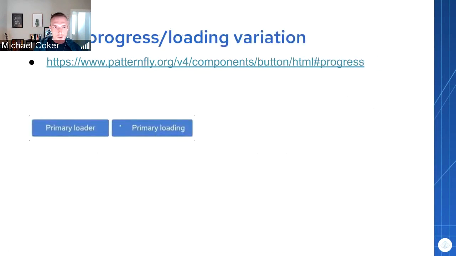And then this one's pretty great. So the button component, we now have a progress or loading variation. And basically what it does is, to keep the button from shifting in size when the loading animation starts, we size the button a little bit bigger than a regular button so that there's room for the animation to appear once the button is in the loading state without shifting the size of the button.